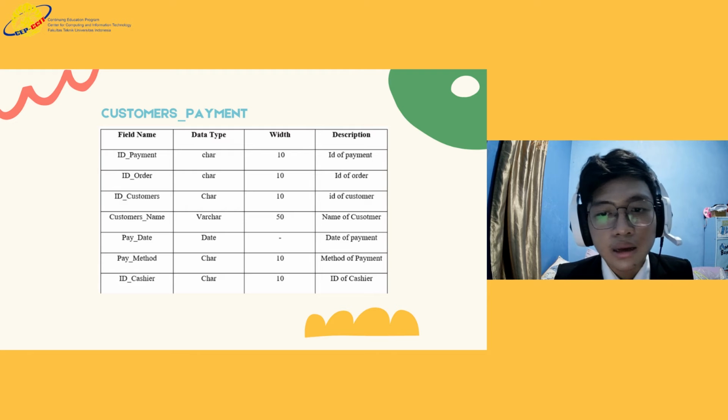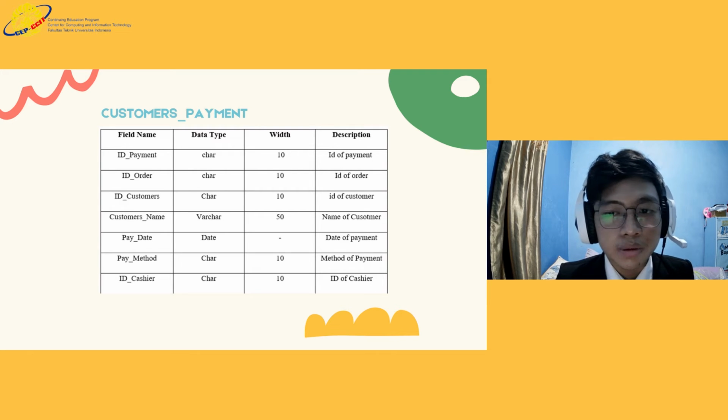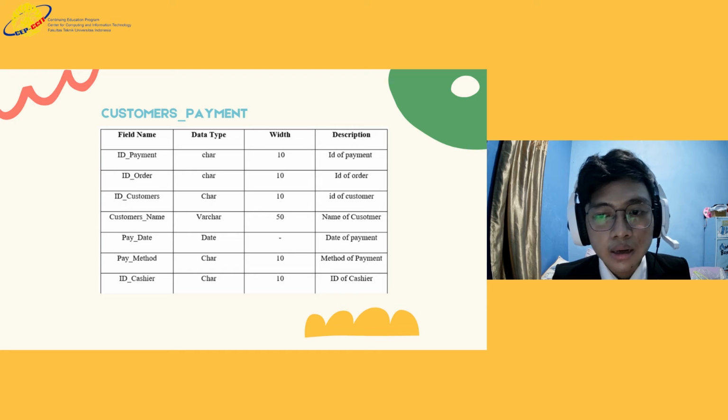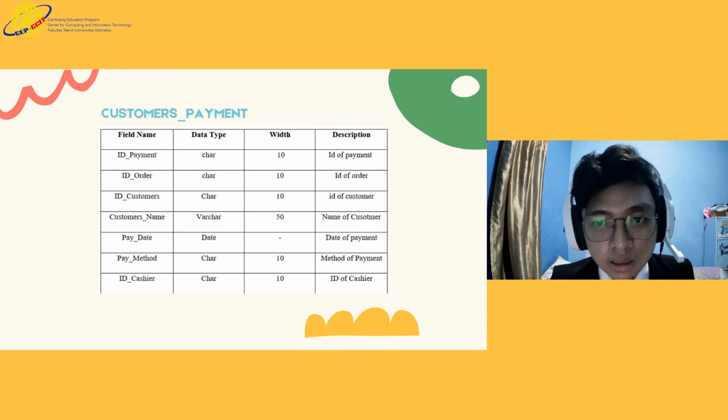After that is ID order, data type is char, width is 10, and that is ID of order. And next is ID customers, we use data type char, and width is 10, and the description is ID of customers.